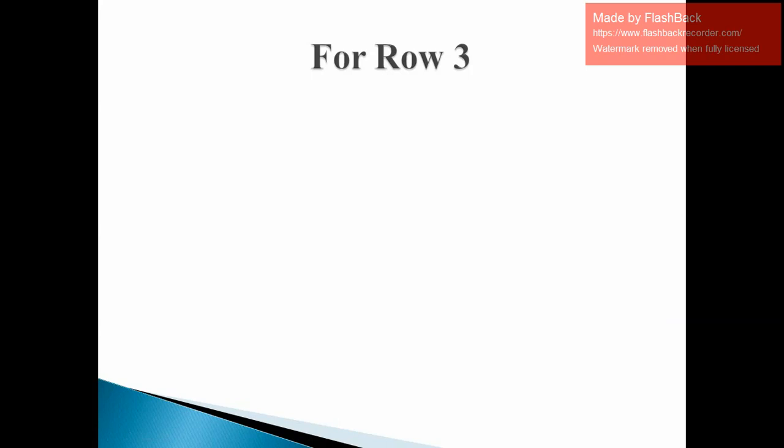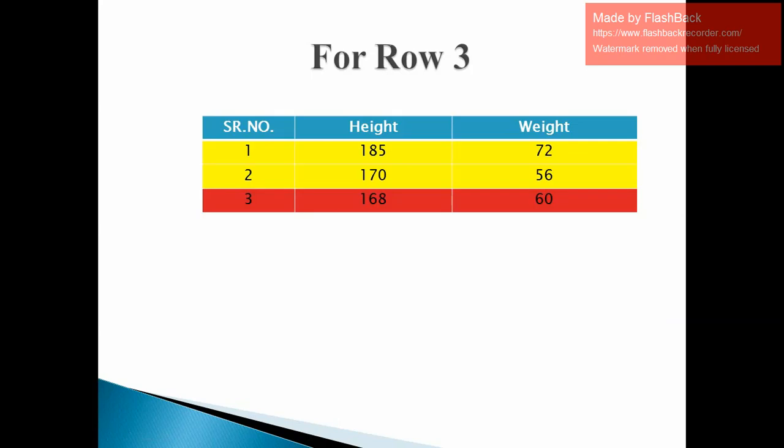So for row 3, which is given in the data sets, that is 168 and 60, we have to see whether the records of row 3 will be in cluster 1 or cluster 2. So using centroid 1 we will calculate the values. We are calculating using the Euclidean distance for row 3. First of all we are using the cluster 1, that is 185 comma 72, for row 3, that is 168 and 60.